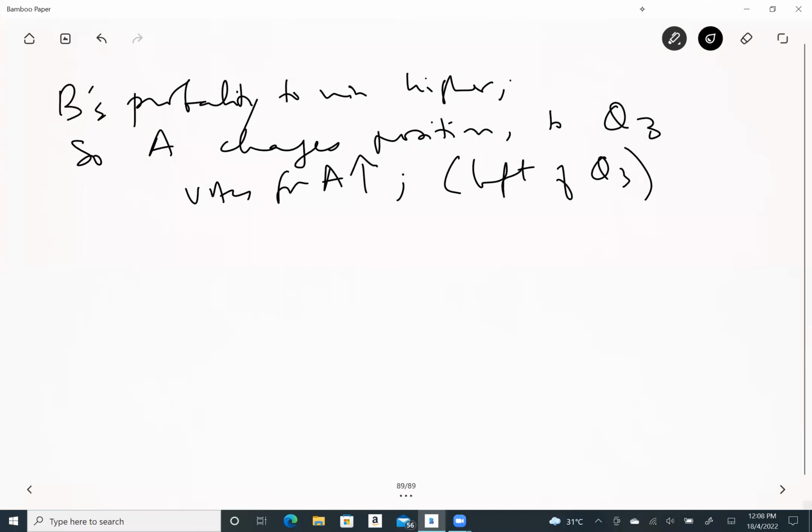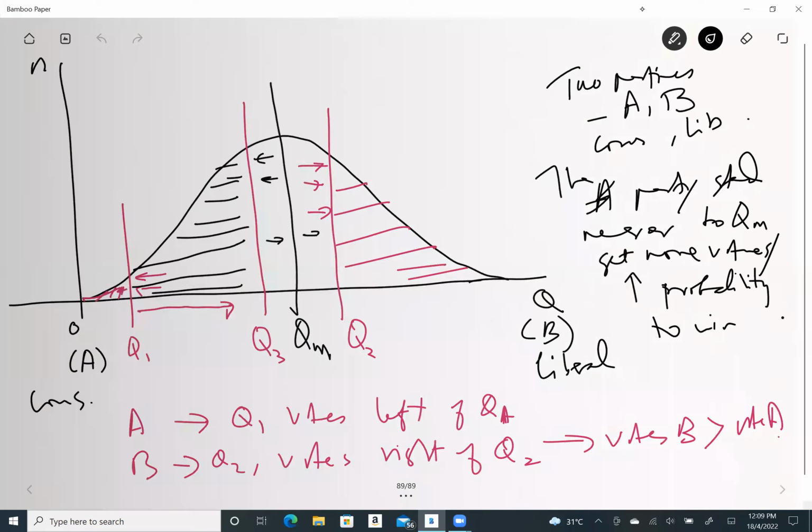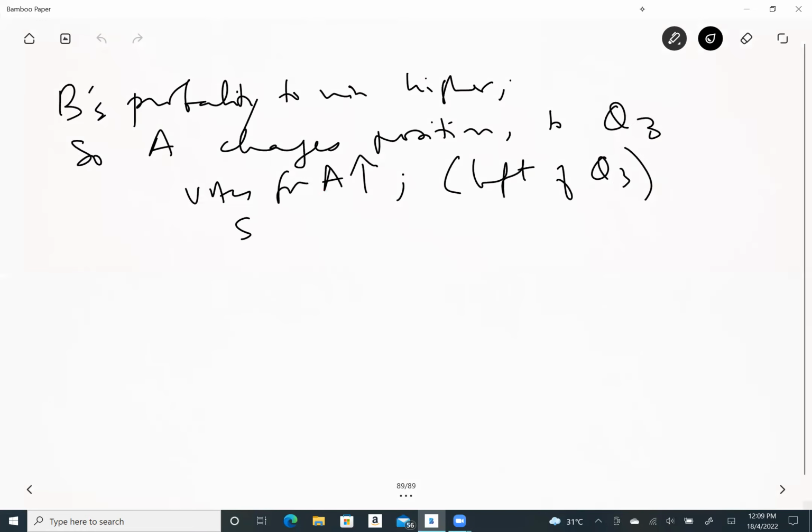So you can see here, the positions are about the same, so about a similar percentage of votes for both. Some people from here can vote for A, some people vote for B. Same chances to win.